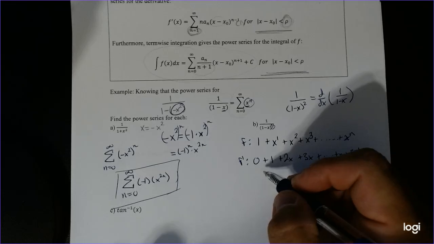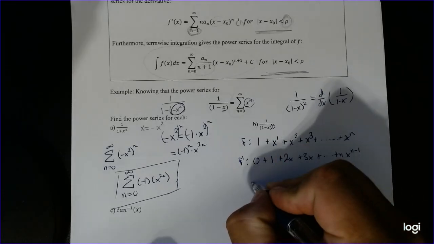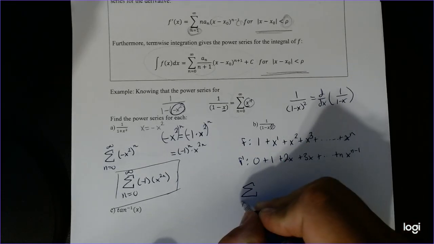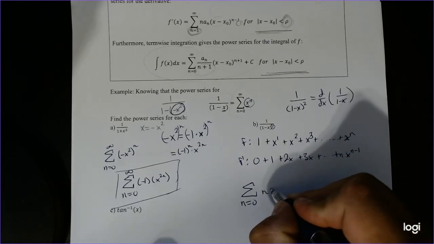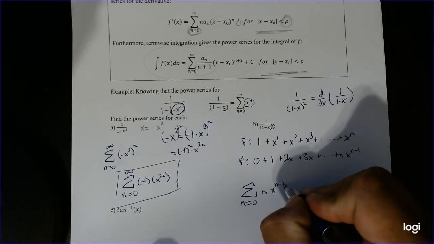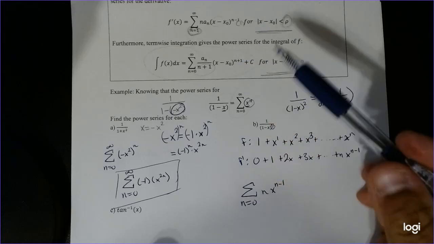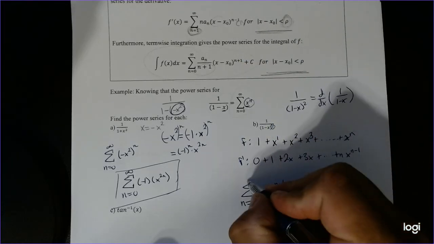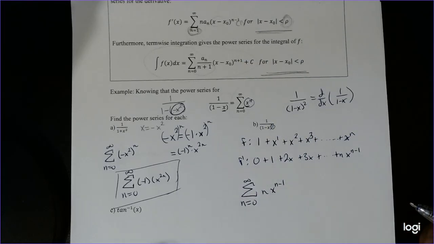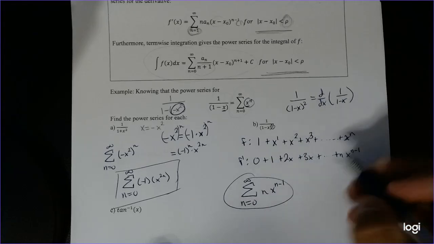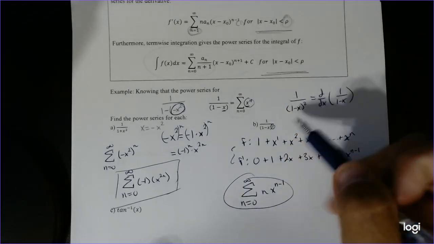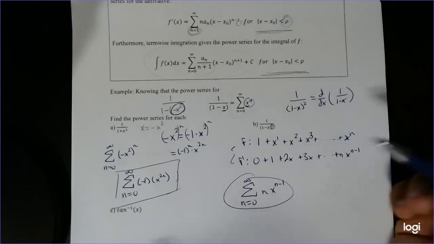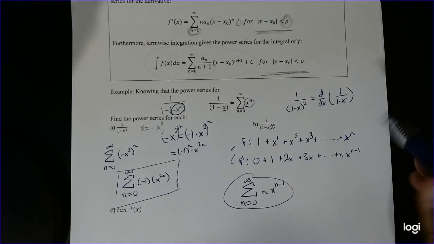Okay, so therefore this sum, or this power series, is equal to n times x to the n minus 1 power, which is exactly what we had here, right? Like that. So this is just an understanding of how this works, but if you just want to use a theorem, you could just straight take the derivative, and we're done there, which is pretty nice.